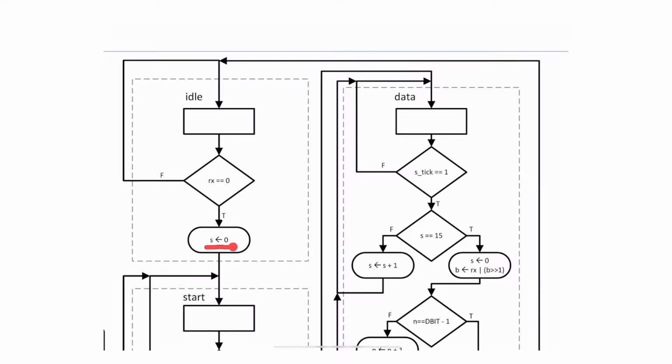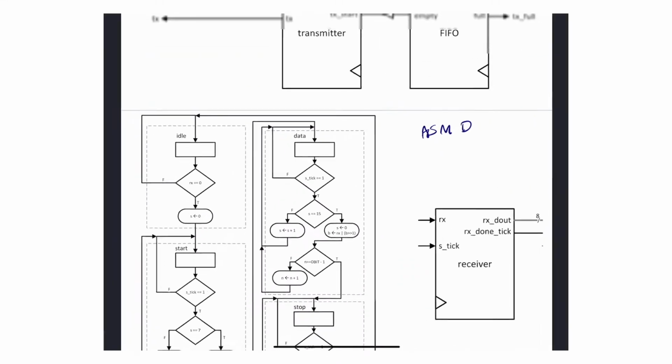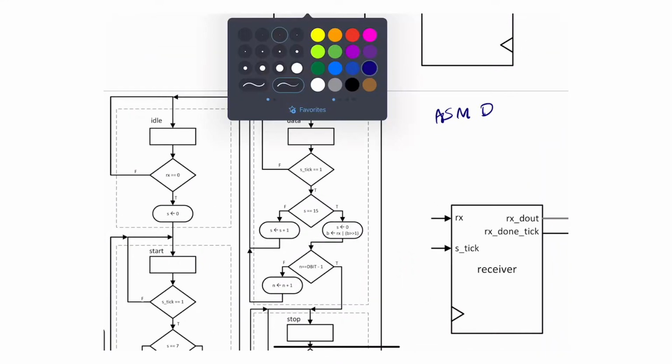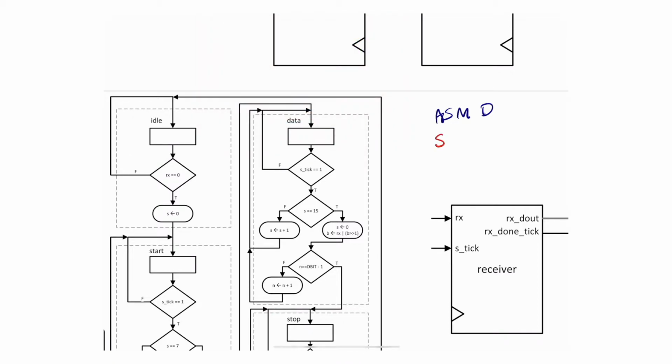This is what the D stands for, because I'm moving data. So you're going to see in here the following. I have something called S, and that S is just a register, and in that register I'm putting 0. What does that S register stand for? Well, actually it's a counter more than a register, and it counts the number of ticks. So let me just say it counts the number of S ticks. That's its main purpose. All right, so what did I put in it?